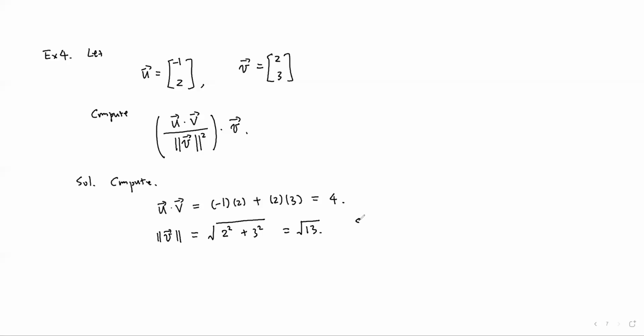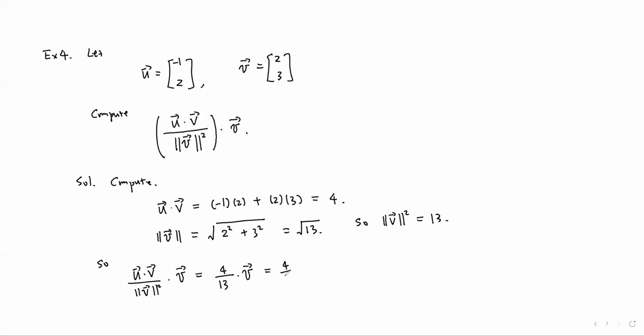Therefore, taking the square of the length, it is equal to 13. So u dot v over the length of v square times v: the inner product is 4, over the length square 13, times vector v.